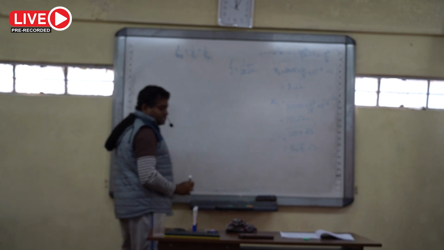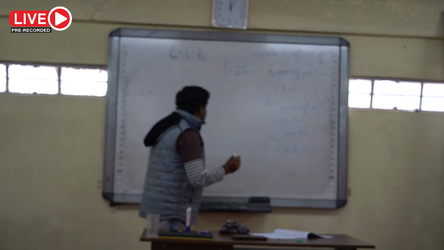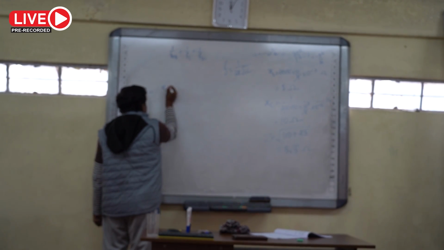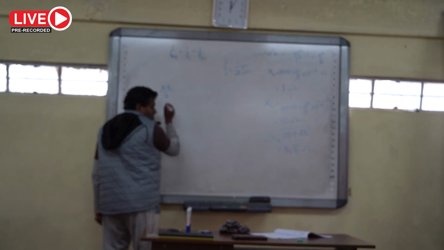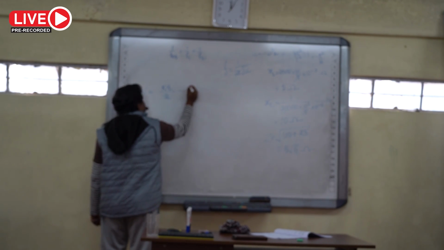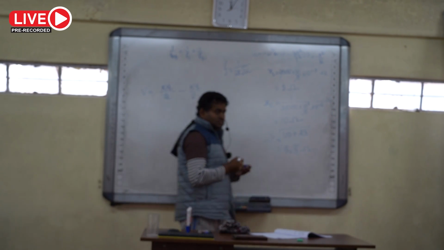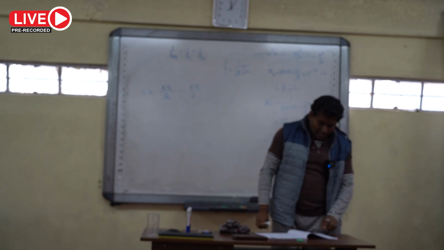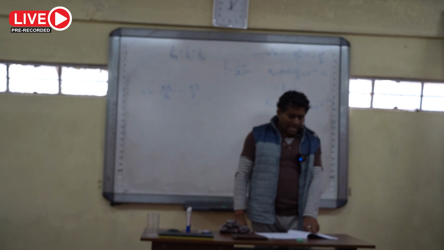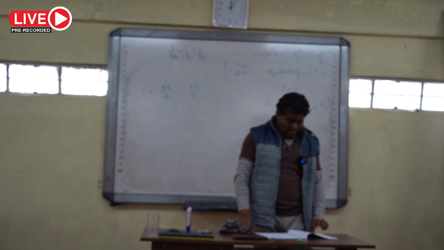For the positive charge, it will be kq by r. Kq by r is 2 centimeter. And for the negative charge, it is kq by 8. See, positive charge Q is at a distance of 2 centimeter from point P, and negative charge minus Q is at a distance of 8 centimeter from that point.